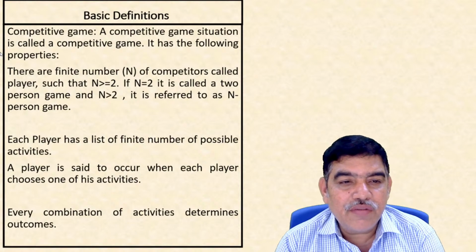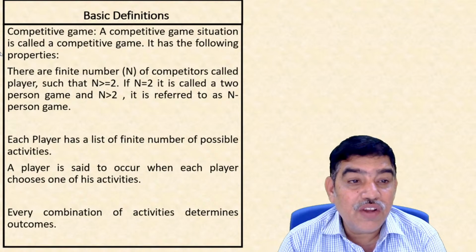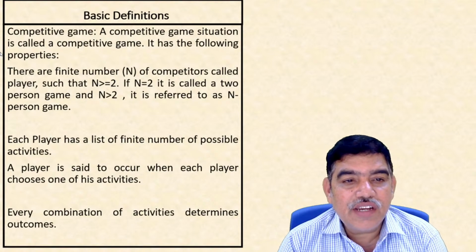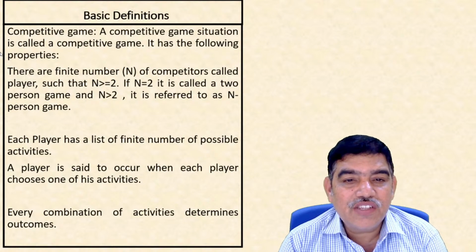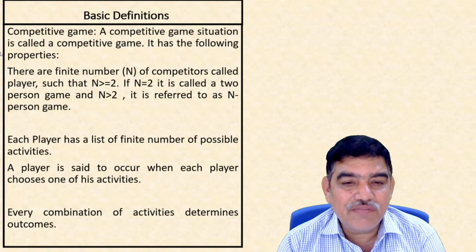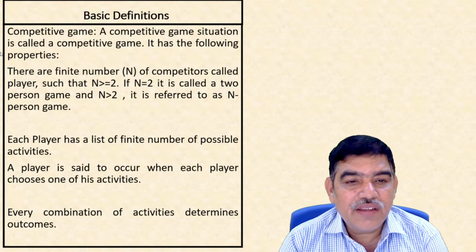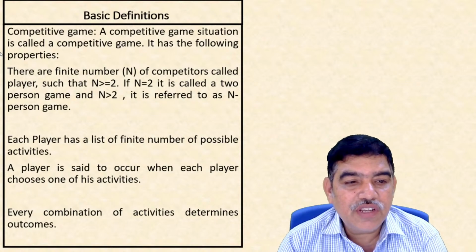So the game will be played between two players or more than two players. That's why I'm writing the condition n greater than or equal to 2. If n equals 2, it is called a two-person game. And n greater than 2, it is referred to as an n-person game.